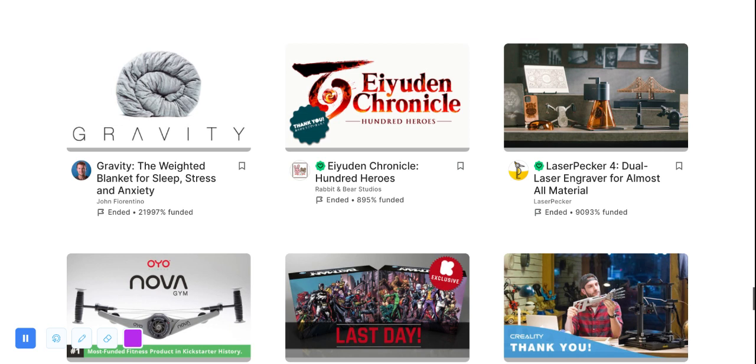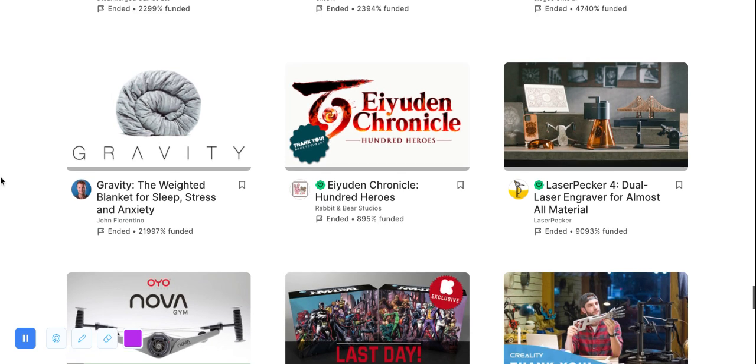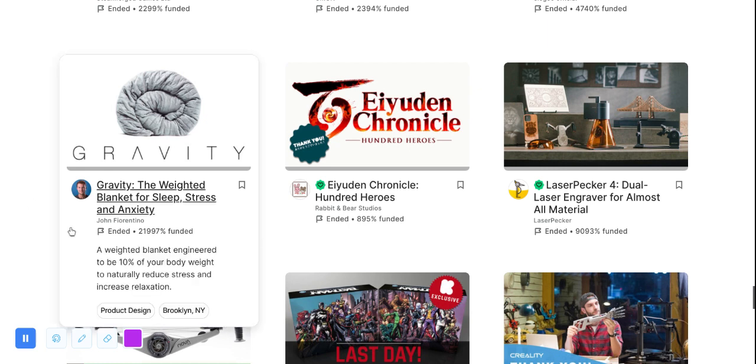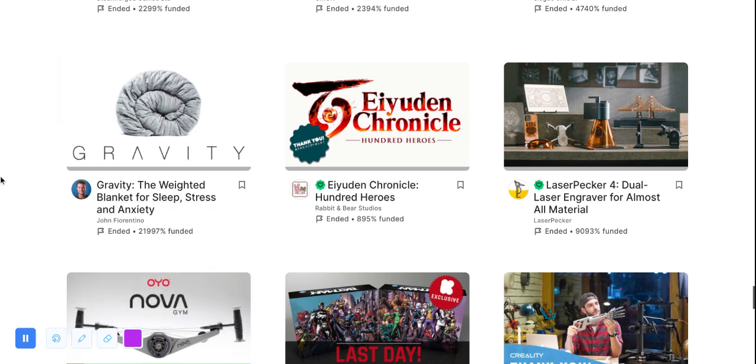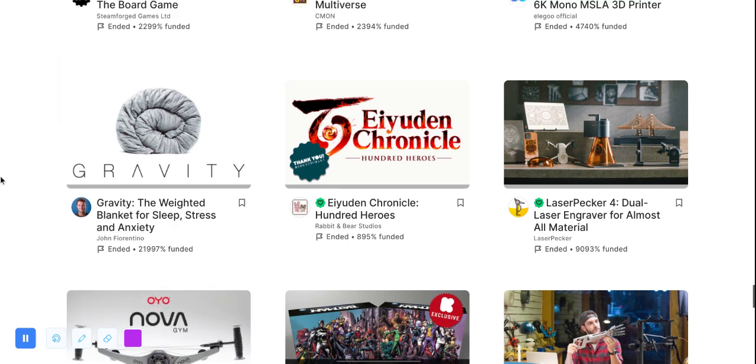And once you have one or two of these simpler projects under your belt, you can then move over to more complex projects where you actually manufacture these products yourself. For example, this gravity blanket, I assume he didn't make it himself. He just had the design plan and then found a manufacturer and then arranged the shipping as well.